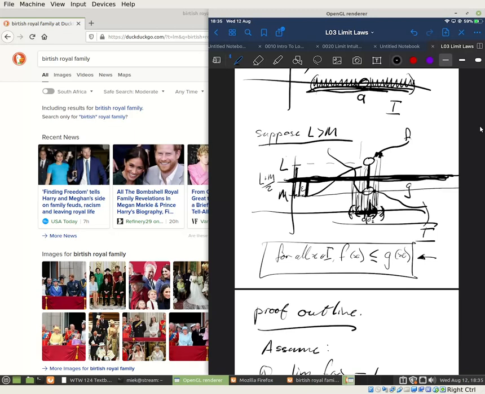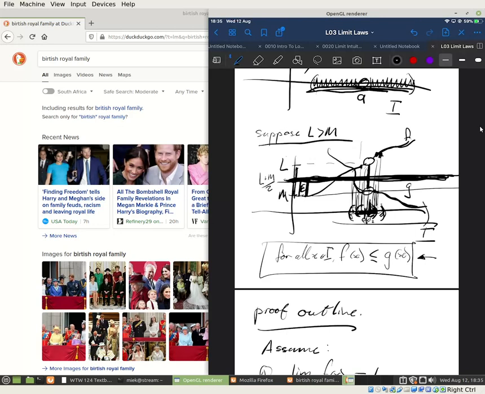That means you can find an interval around a on which g is less than the average, from how you constructed this epsilon. You can also find an interval around a on which f is greater than the average, L plus M over 2.